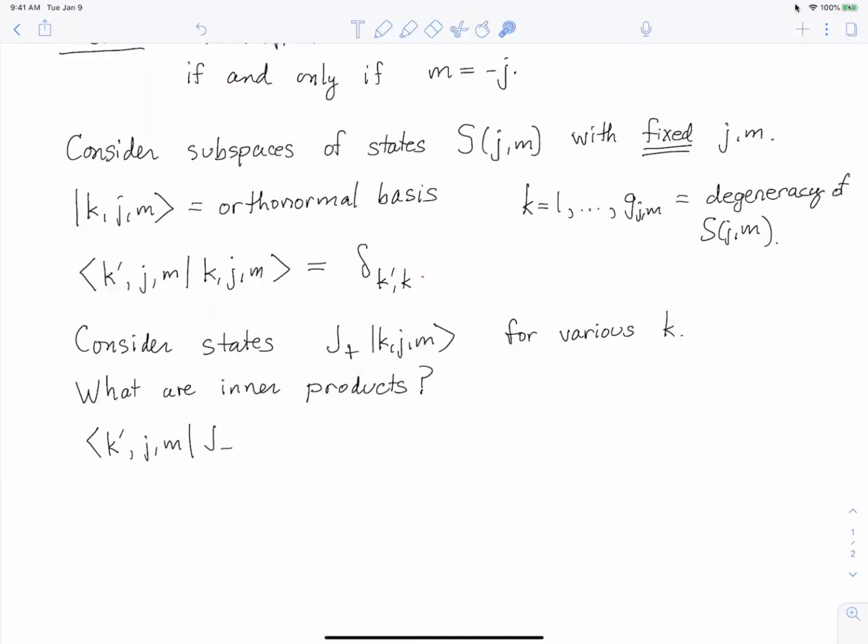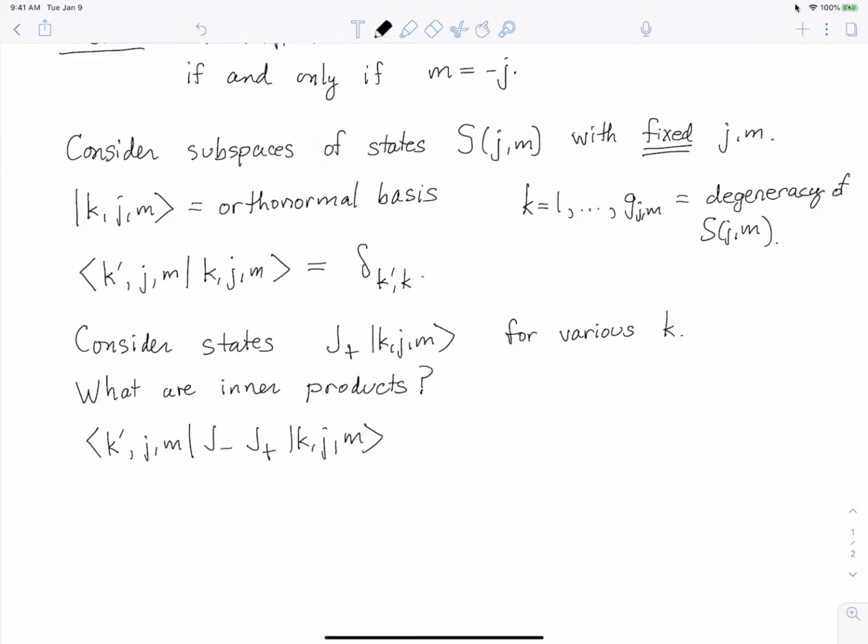When I take the inner product, I'm using the adjoint of one of these states, so the J plus turns into a J minus. And then I've got J plus |KJM⟩.